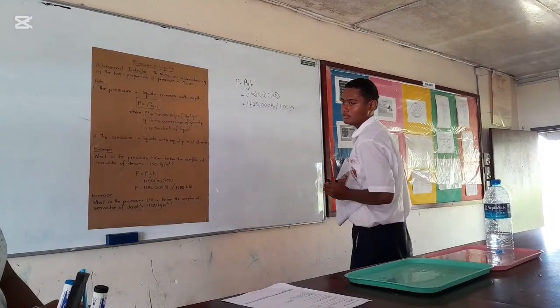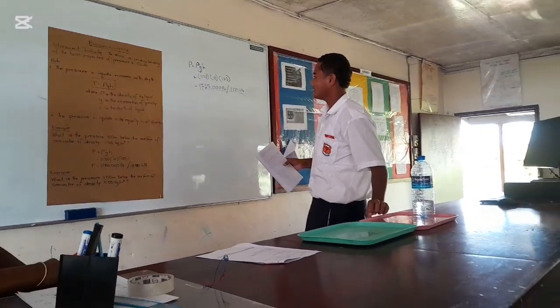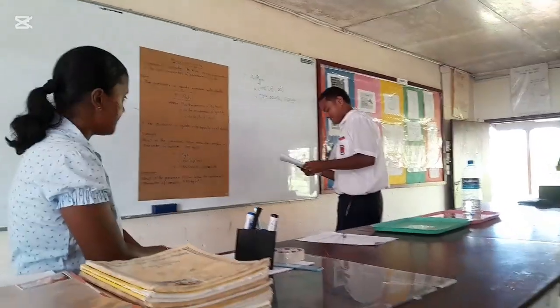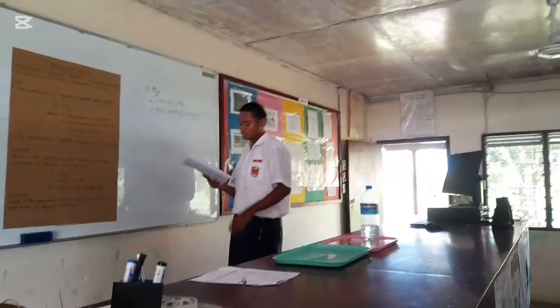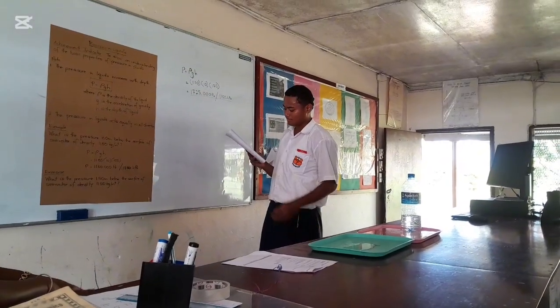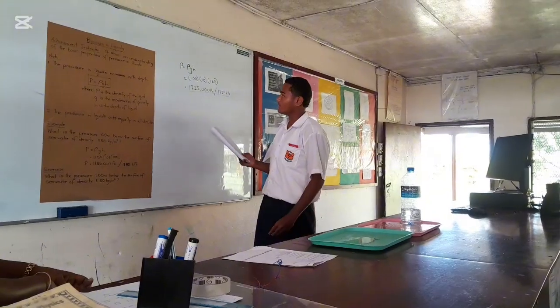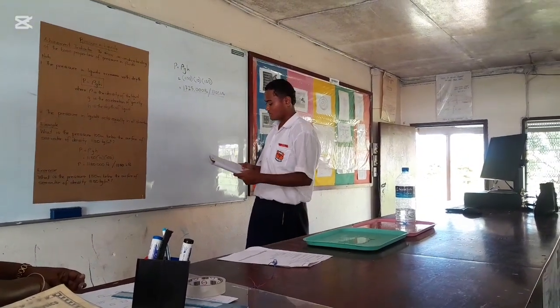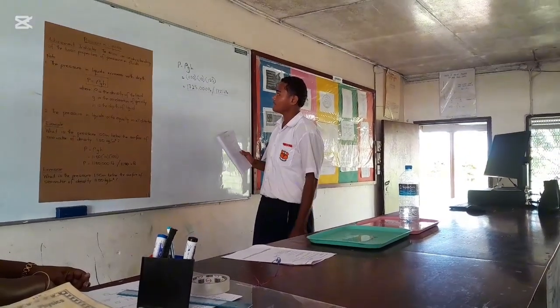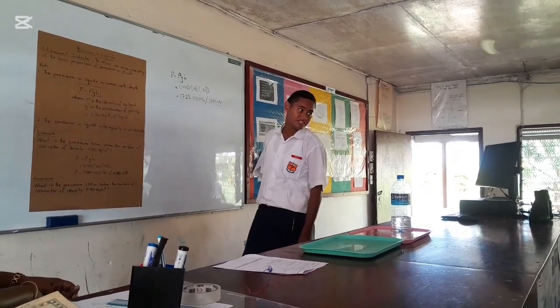You can just give a brief explanation of that. Okay, listen students, he's going to explain the exercise. Pressure is equal to density times gravity times height. So density is 1150, our gravity is 10, and our height is 150 meters.